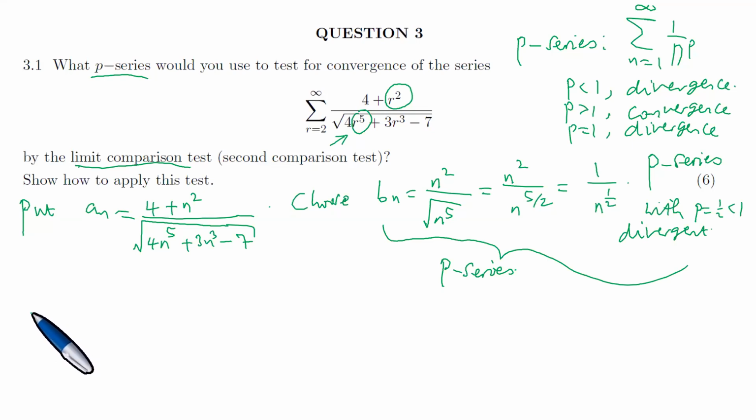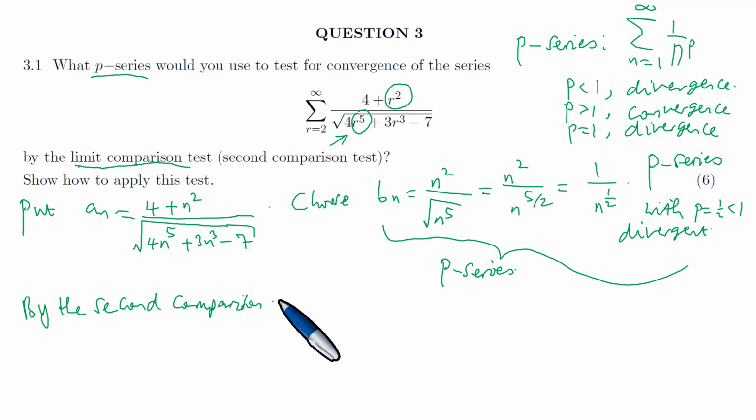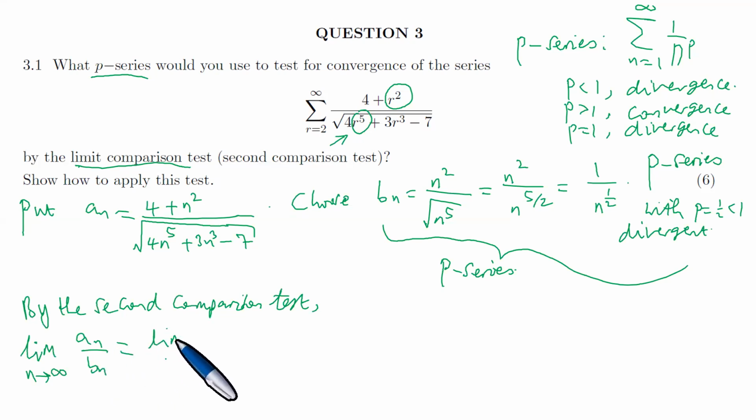So in view of the test, by the second comparison test, we have an over bn, and this is the limit as n approaches infinity. What is an?